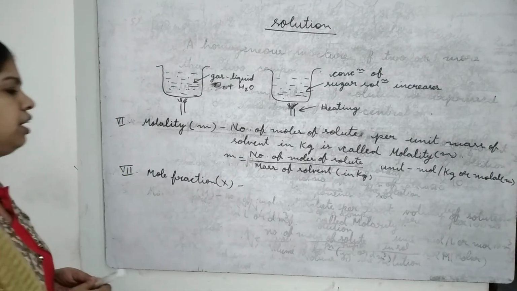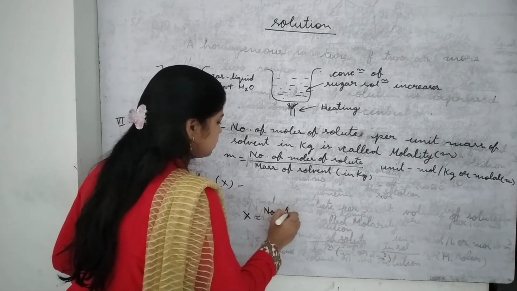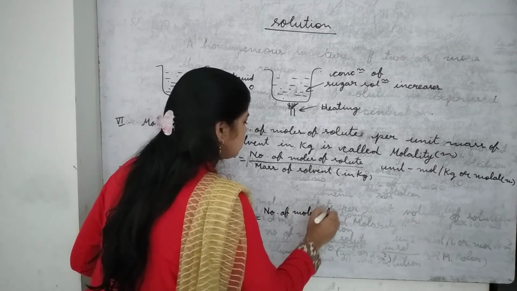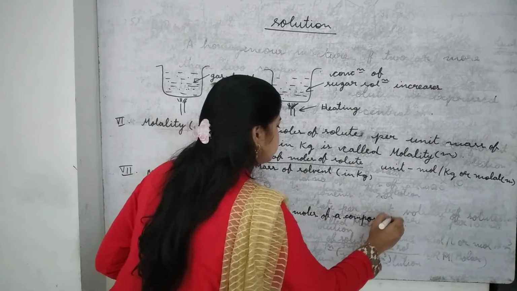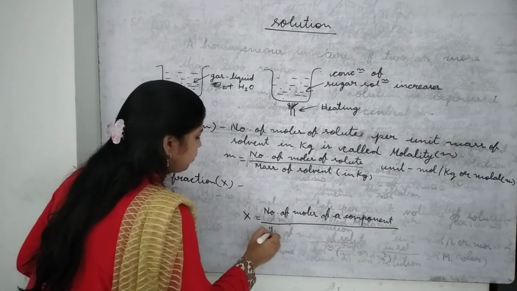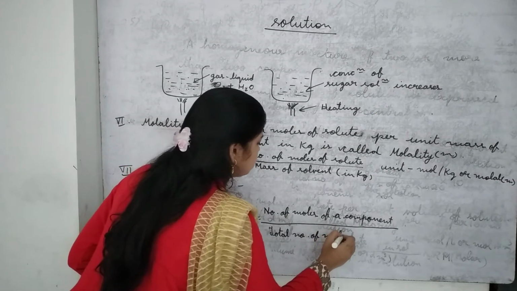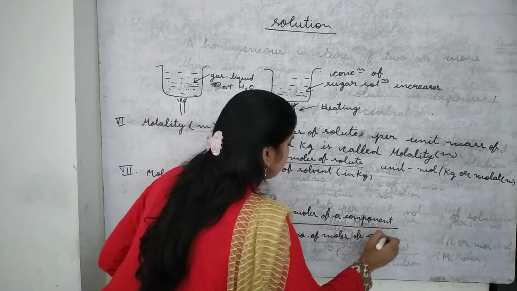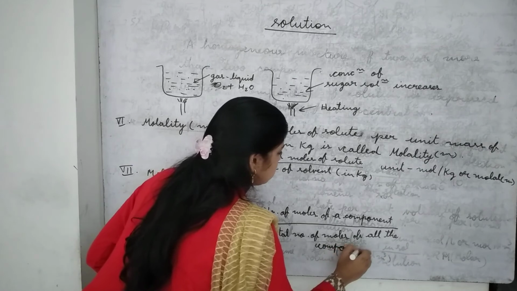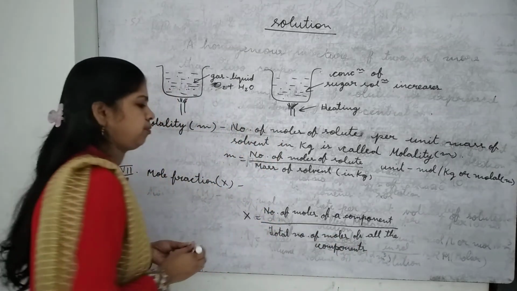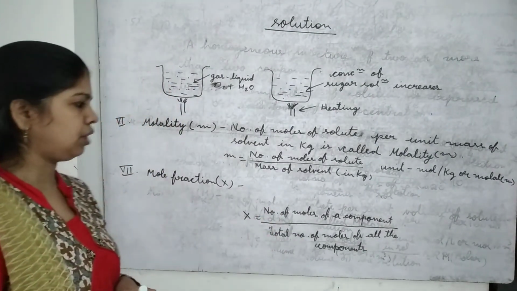Mole fraction is a ratio of number of moles of a component divided by total number of moles of all the components.